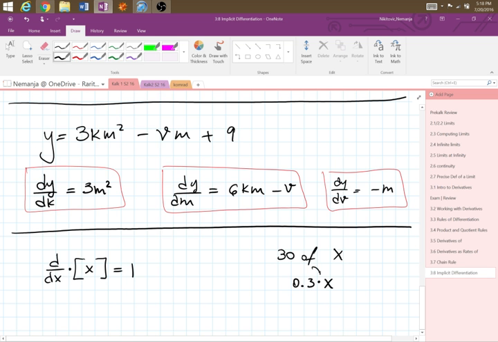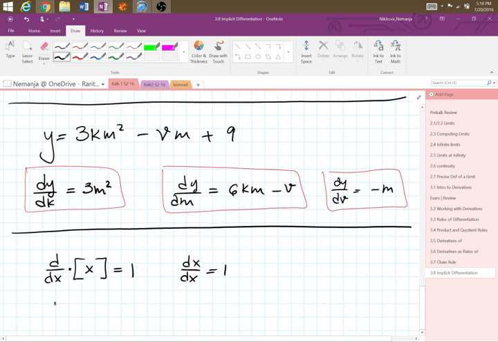So the word of in mathematics does translate as multiplication. So if you are looking for the derivative in respect to x of x, that means that you are multiplying these two fractions, which means you are getting dx over dx, and that's when it cancels, it's 1.